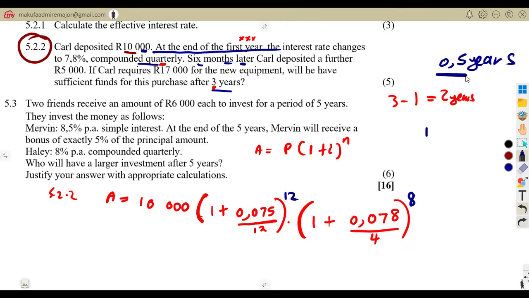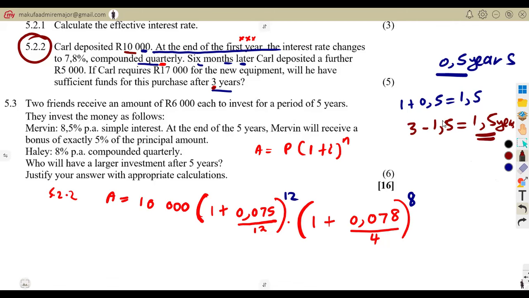Then we cover 0.5 for these ones. So 1 plus 0.5, which is 1.5. So out of 3 years, how many years are remaining? If we talk of 6 months later, it will be 3 minus 1.5, which is 1.5. So we are remaining with 1.5 years.